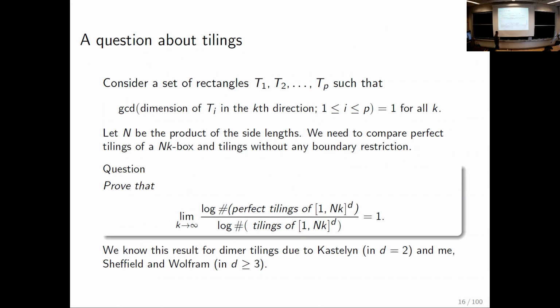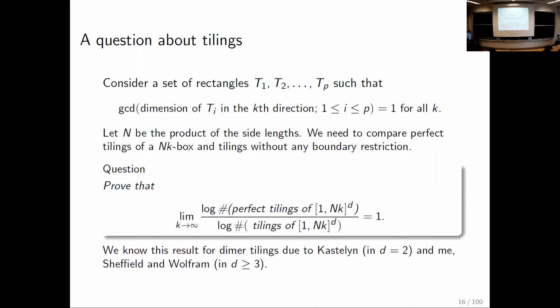And the only real non-trivial case where I know the answer to this is in dimer tilings. So what are dimers? Dimers are simple tiles. The simplest case of this example is where your box is this, and if you are in Z^D, then you have maybe D minus 2 more directions.